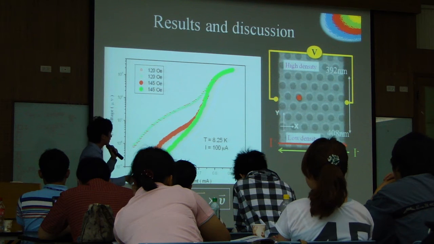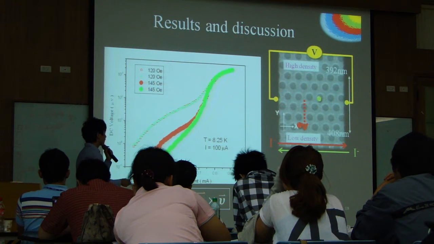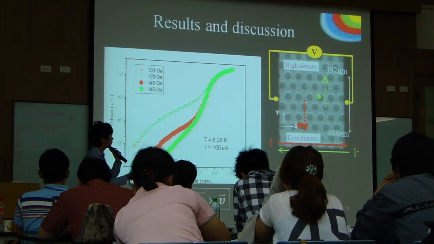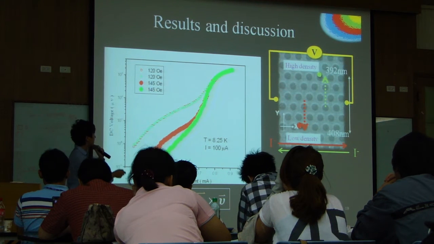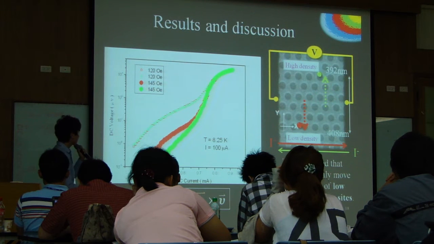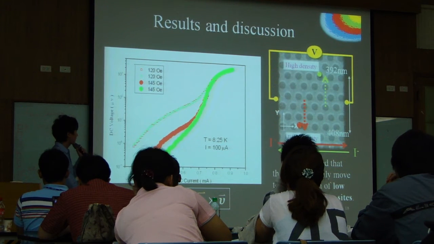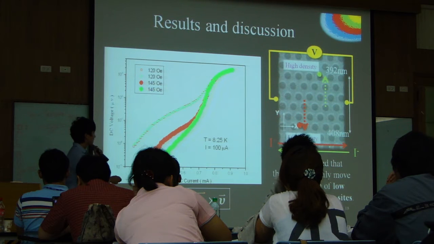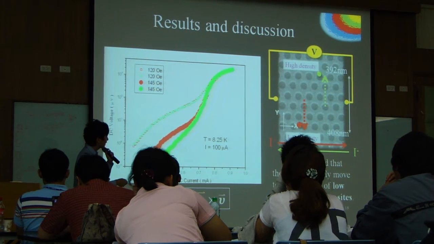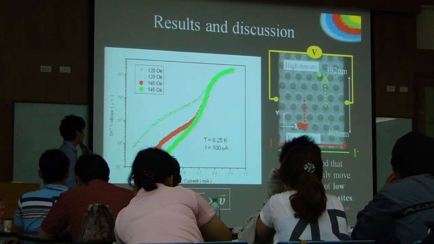If we inject a positive current, the vortex will move this way, and with a negative current, the vortex will move this way, from low density to high density. The voltage depends on the velocity of vortex, so the red point is higher than the green point, meaning the vortex moves faster. So the vortex tends to move from high density to low density. This is our result.